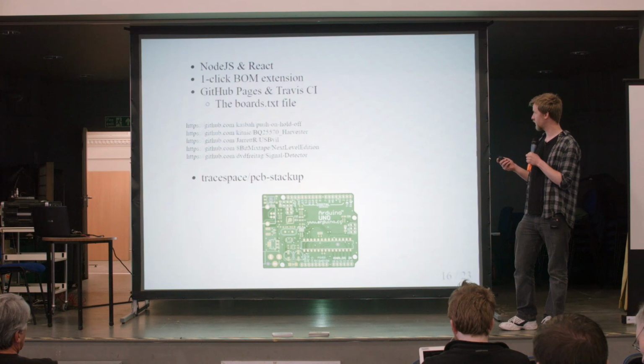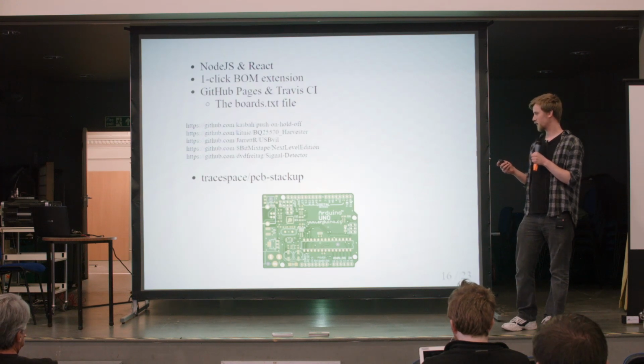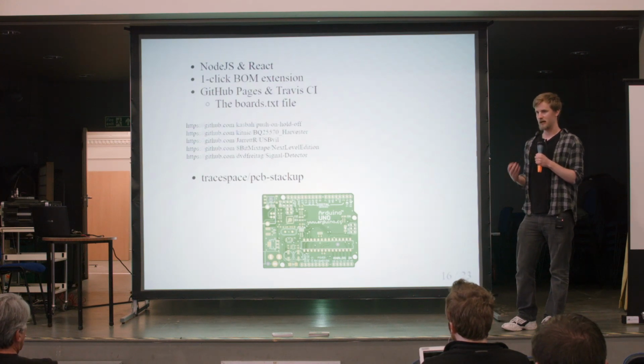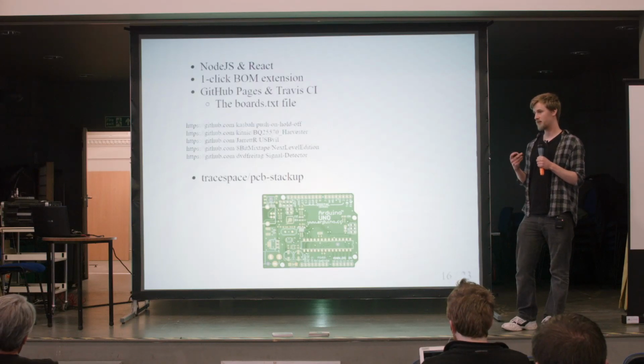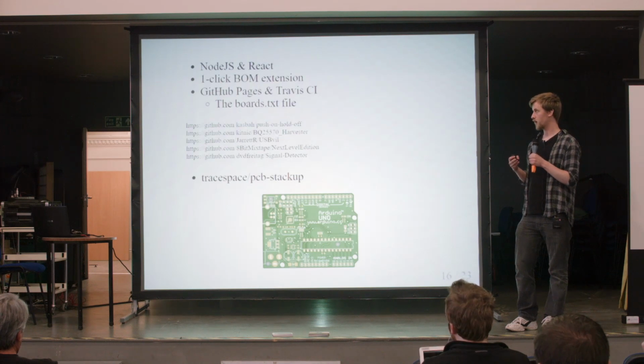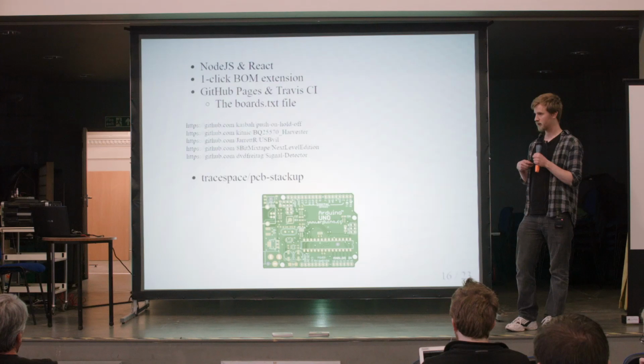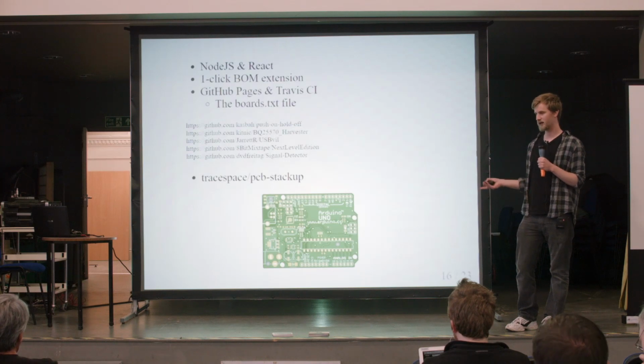So the way the site is set up, I make use of GitHub Pages and Travis CI. GitHub Pages is a way to host a static website on GitHub itself, on the GitHub infrastructure, and that's free. So I kind of abuse the free continuous integration services and hook it all together to rebuild the entire site anytime anyone adds a project.